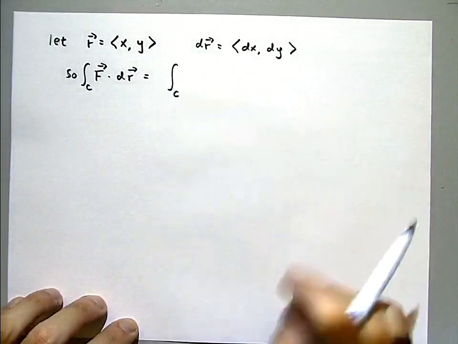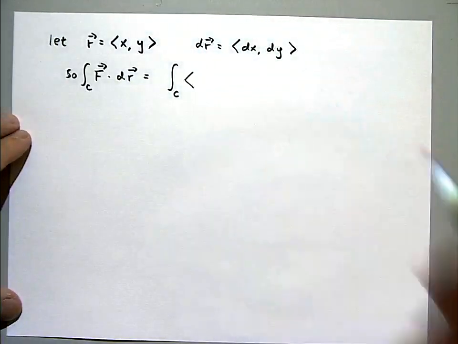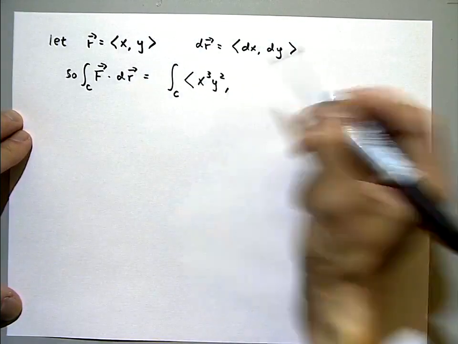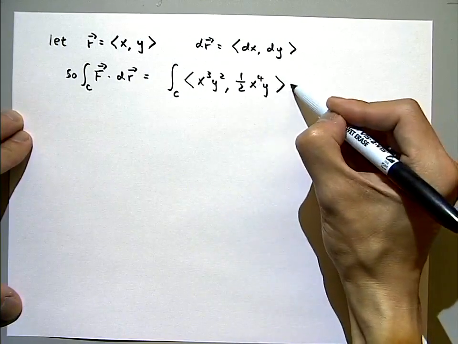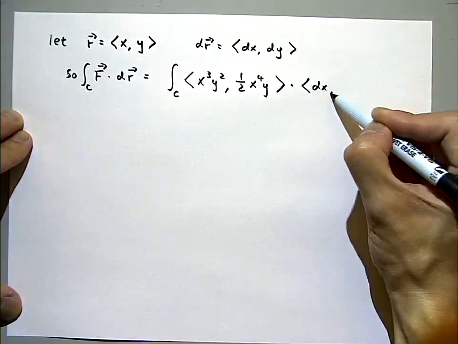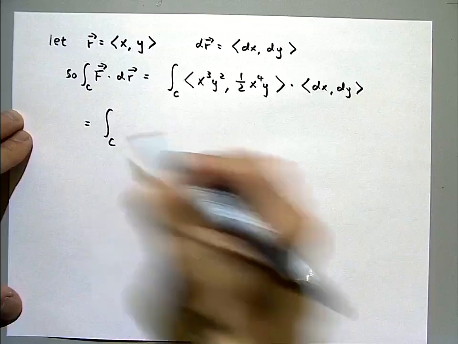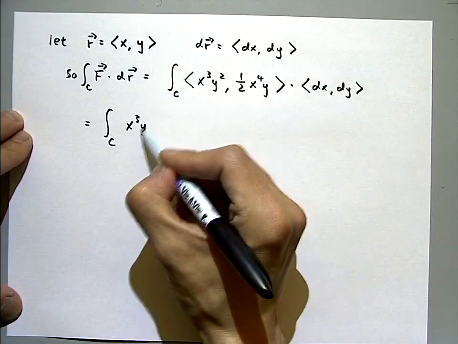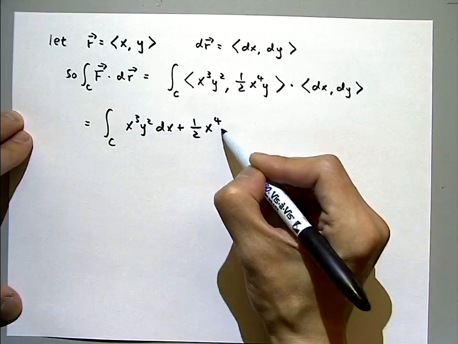So the line integral of f dot dr we're trying to calculate is the vector field x cubed y squared i plus 1/2 x to the 4th y j dotted with dr. So we get x cubed y squared dx plus 1/2 x to the 4th y dy.